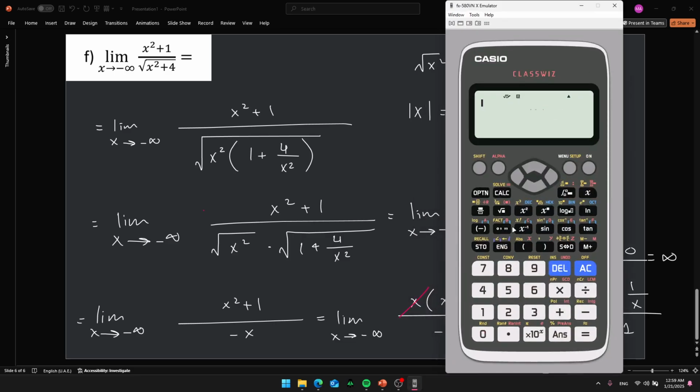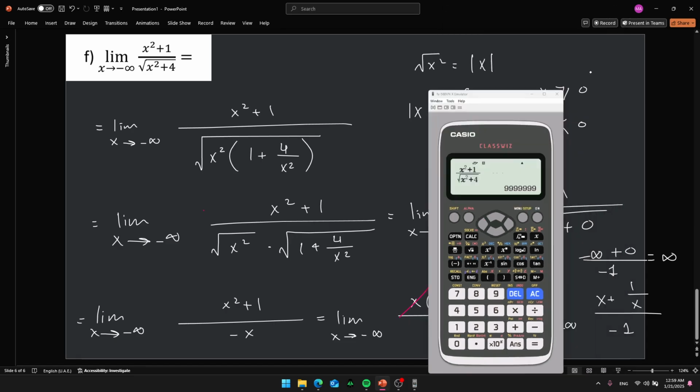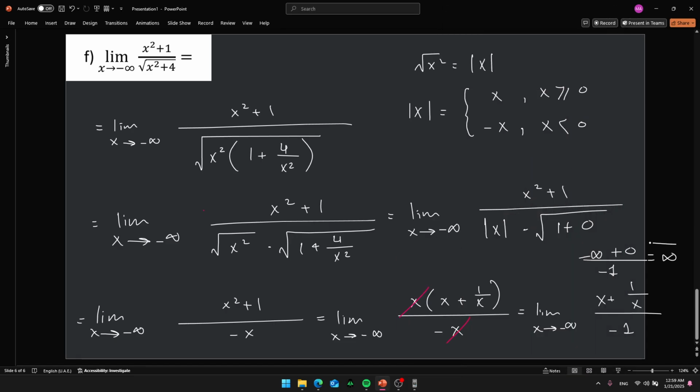So let's check our answer, and hopefully we got it right the first time. Calc, negative 10 to the power of 9. Yep, positive infinity. So that's the answer for question F.